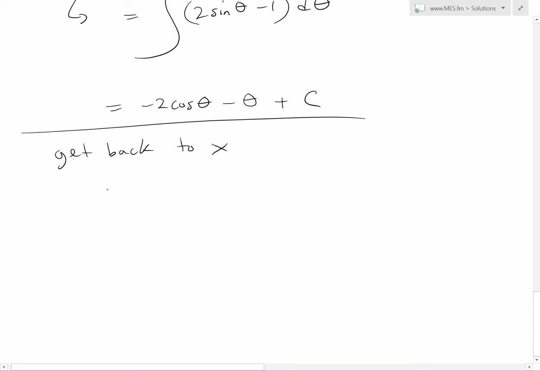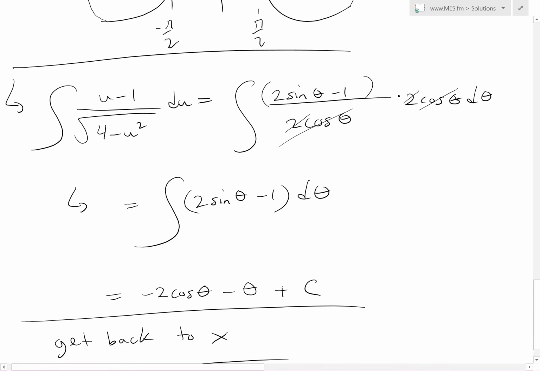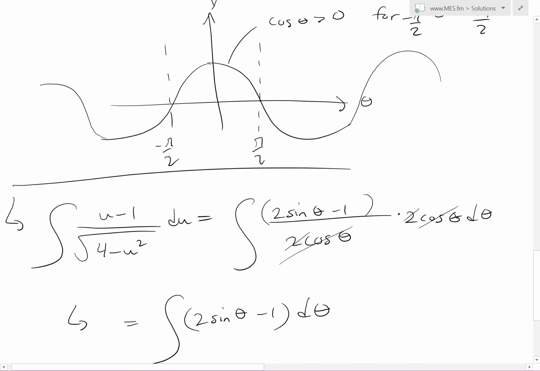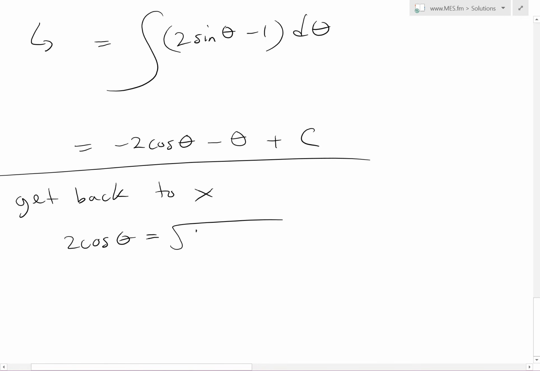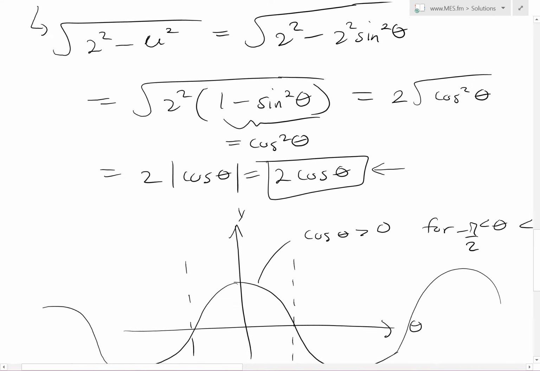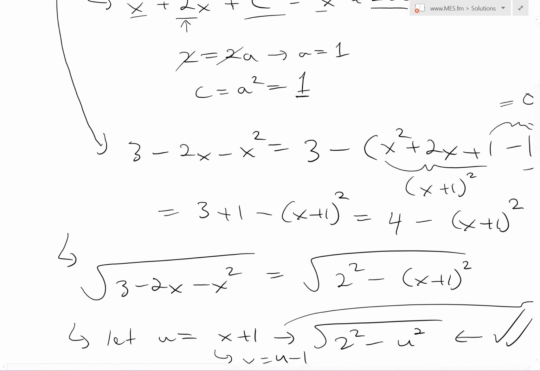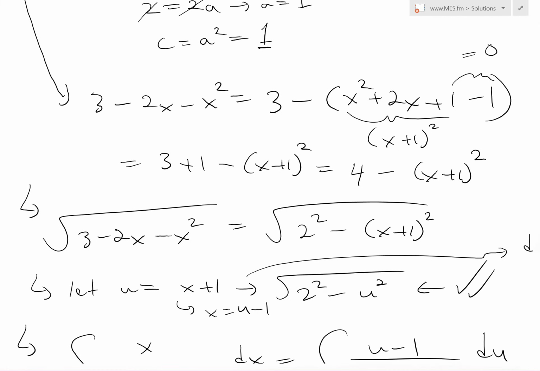So we know that 2 cosine theta is equal to the square root of 4 minus u squared. This 4 minus u squared is basically our original function. That's what we just rearranged all of this to, basically as shown here.